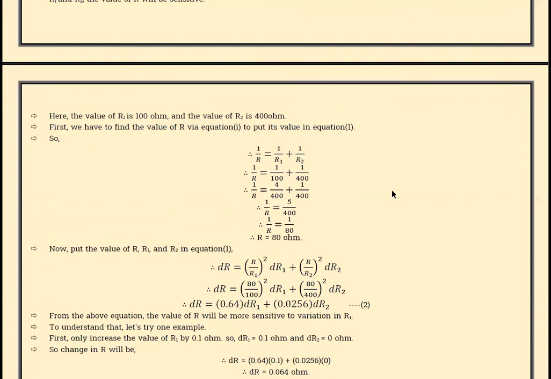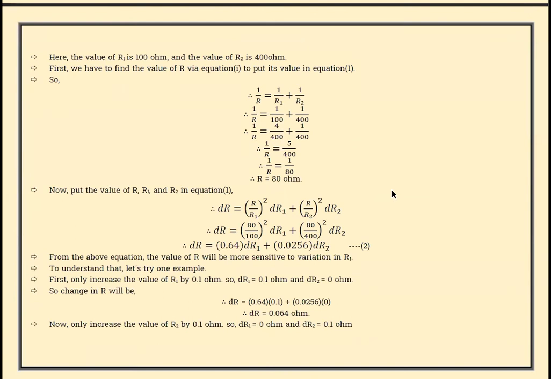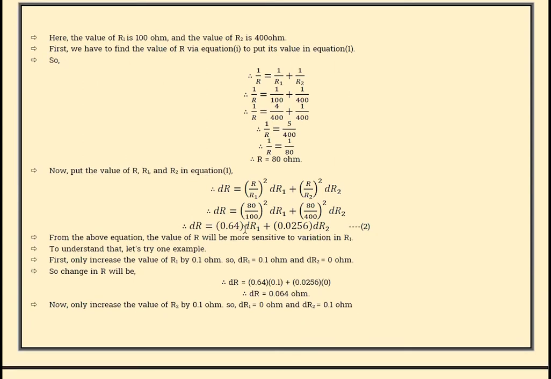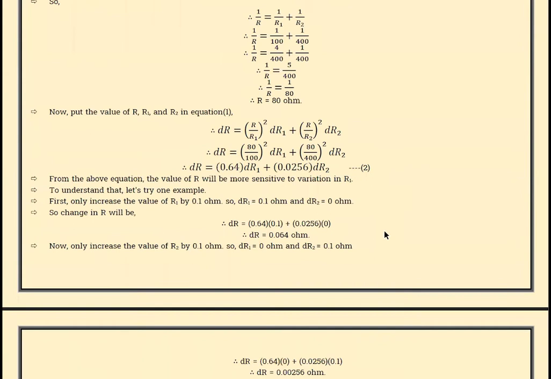With the help of that we can get the value of R, which is 80 ohm, and put all of this in equation 1. We will get the equation of dR in terms of dR1 and dR2. Here we can clearly show that the value of C1 is greater than the value of C2, so R is more sensitive towards R1.